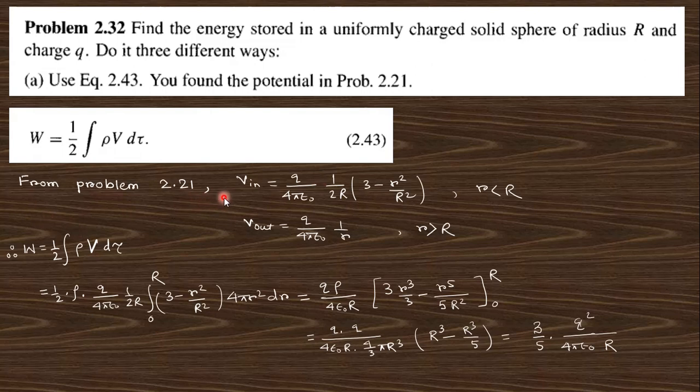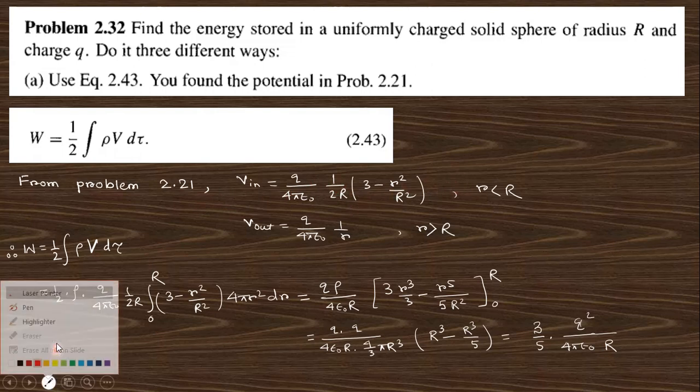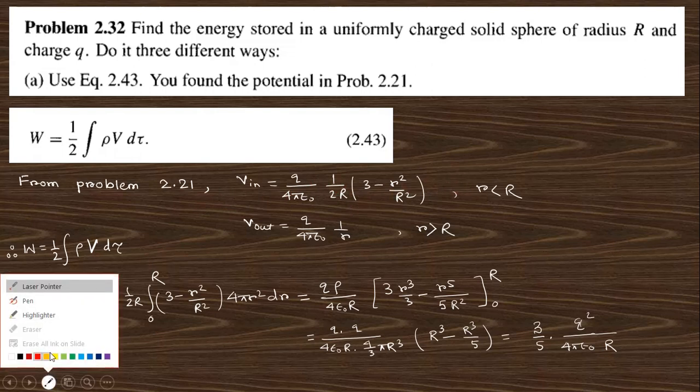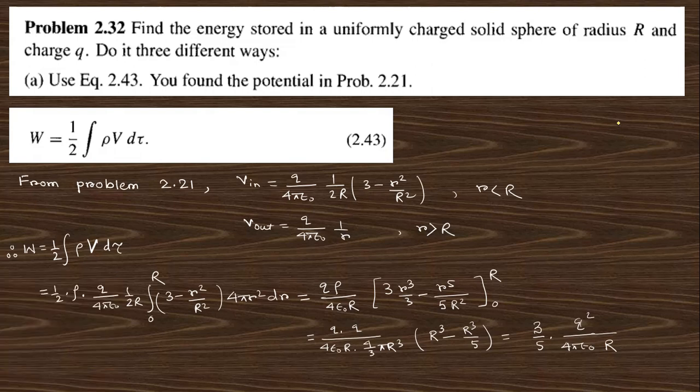You can watch that. This is a solid sphere with radius capital R. A smaller r can be within this or outside this R, so within this the potential will be like that, and outside this the potential will be like that.